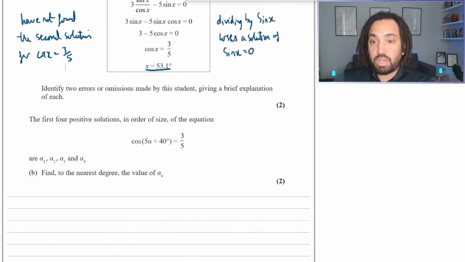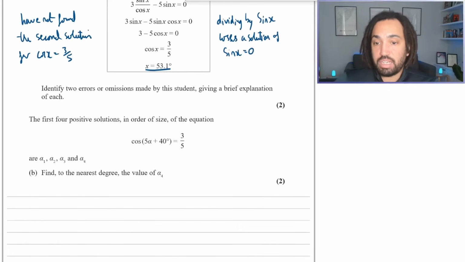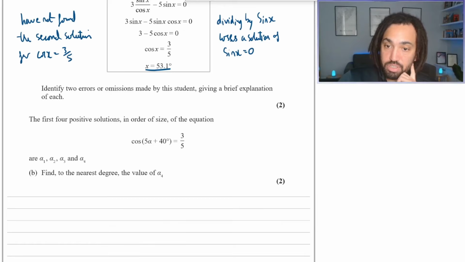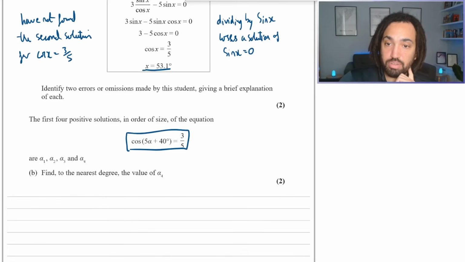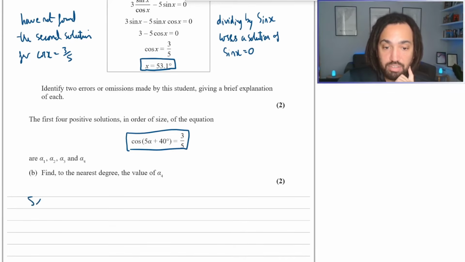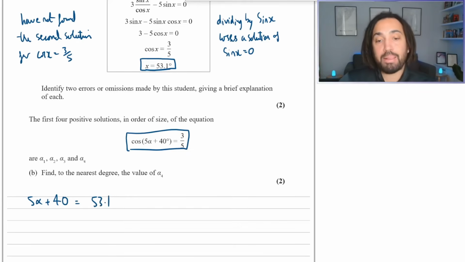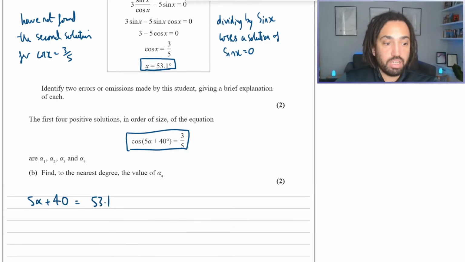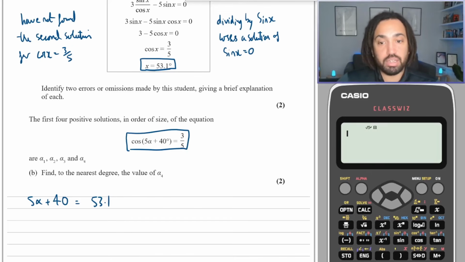Okay, well, luckily they've already given us the first solution for when we do inverse cos of 3 over 5, because that will give you this. So that means that 5 alpha plus 40 is equal to 53.1. But we need to find the additional solutions when you do cos to the minus 1.